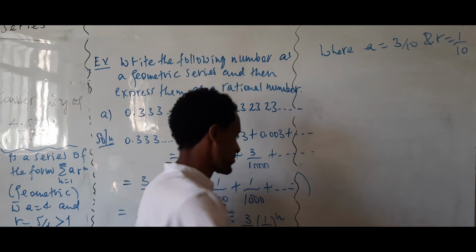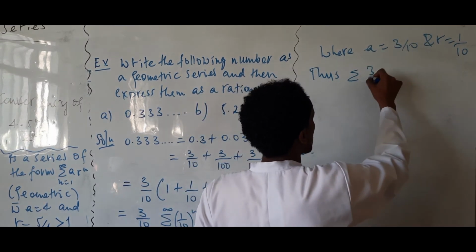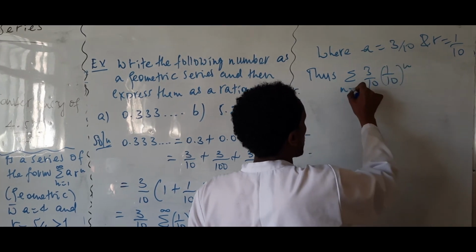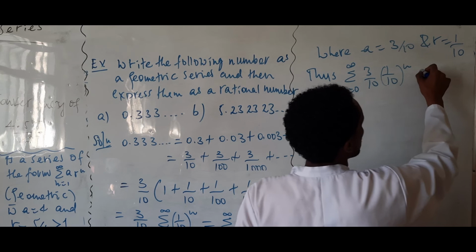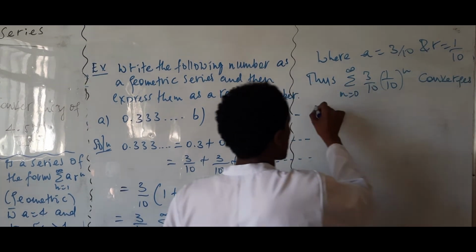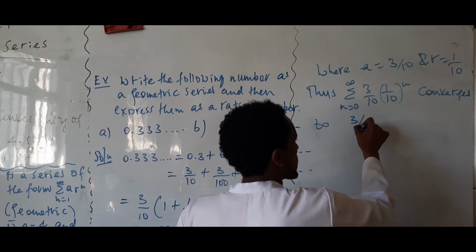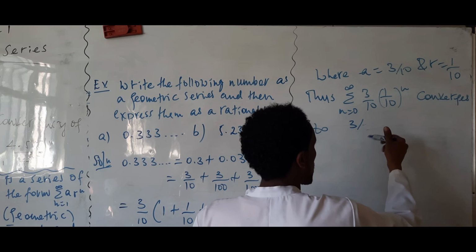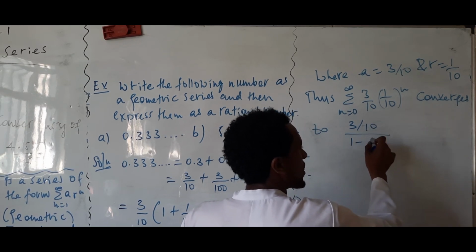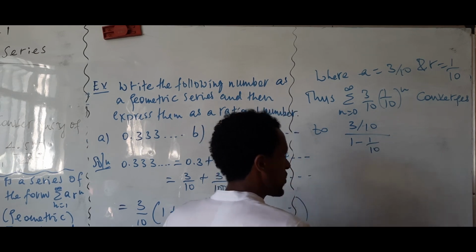Therefore, the series 3 over 10 times 1 over 10 to the power of n when n starts from 0 to infinity converges to a, which is 3 over 10, over 1 minus r, which is 1 minus 1 over 10.